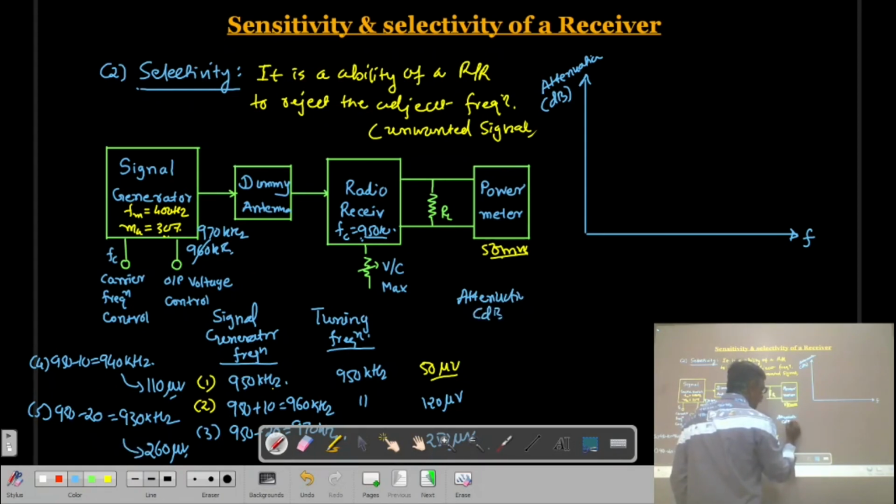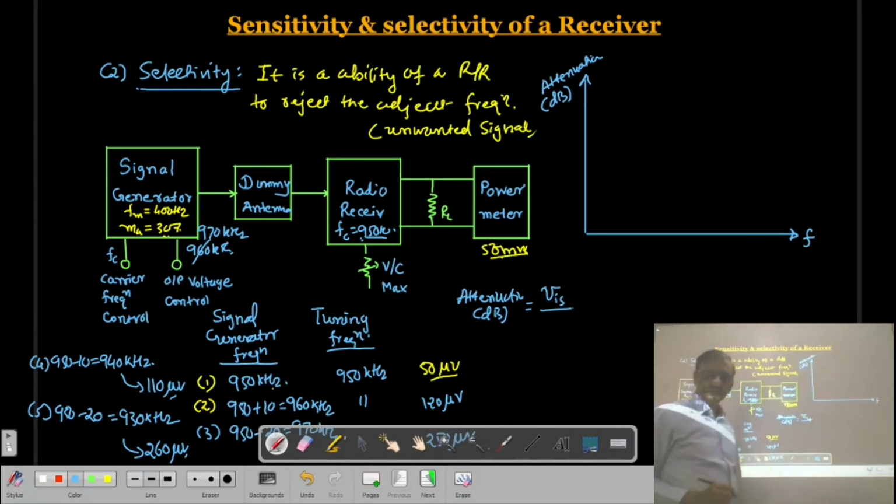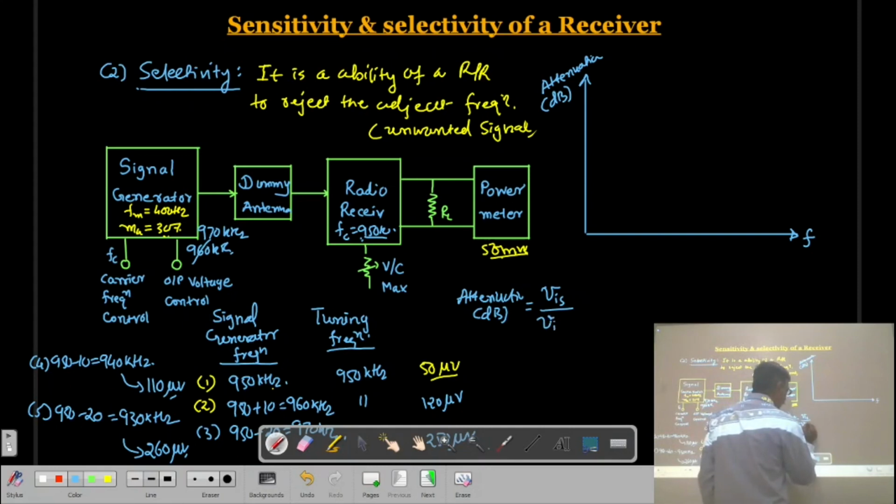Attenuation in dB you can calculate from the input signal VIS, that is the amplitude of the input signal at 950 kilohertz, and the amplitude of the input signal at the detuned frequency, VI.